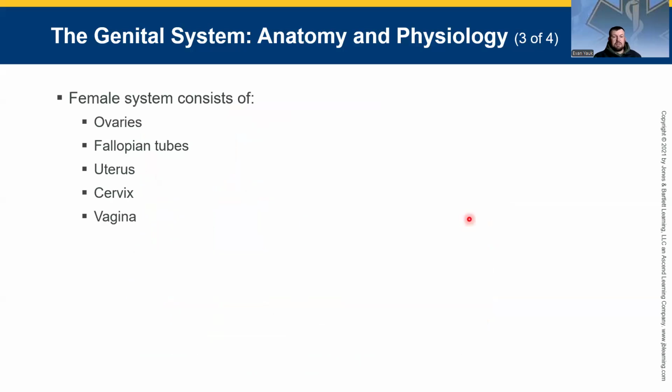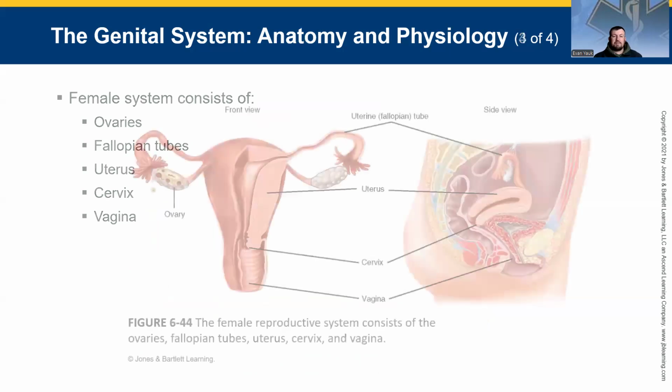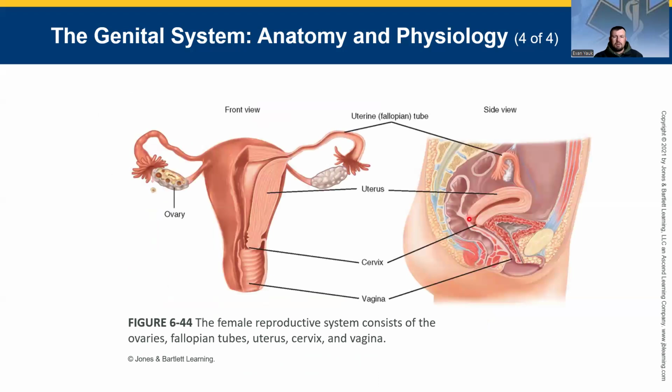The female system consists of ovaries, fallopian tubes, uterus, cervix, and vagina, which we will get more into than the male side because of our OB chapter. We'll go more in depth into the fallopian tubes and uterus and all that later.